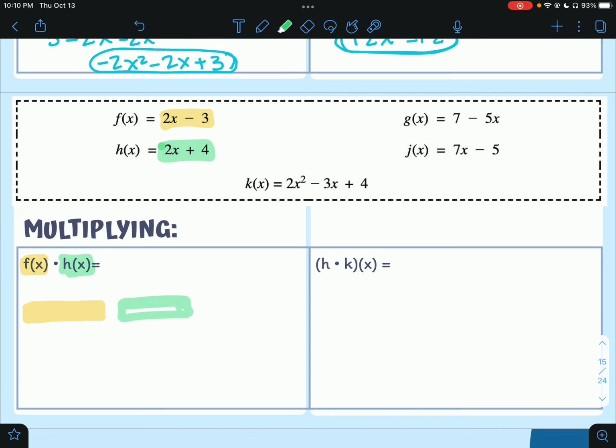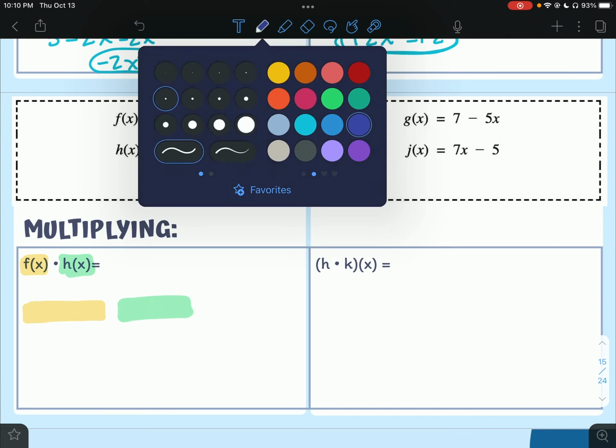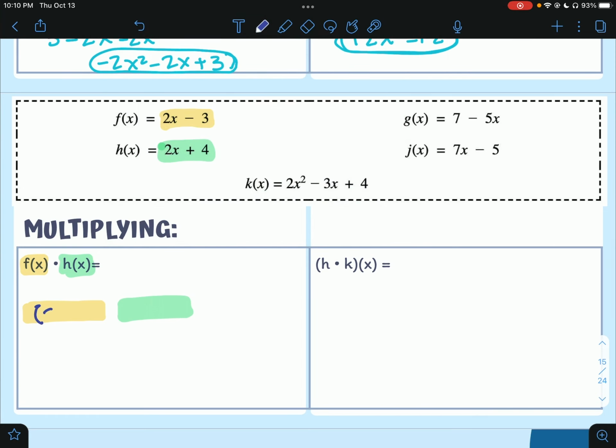Now, we are multiplying these. So what's going to happen here is when we set up this multiplication, these two sets of parentheses are side by side because they are multiplying. There's no addition, there's no subtraction. We want to see that we're supposed to double distribute.